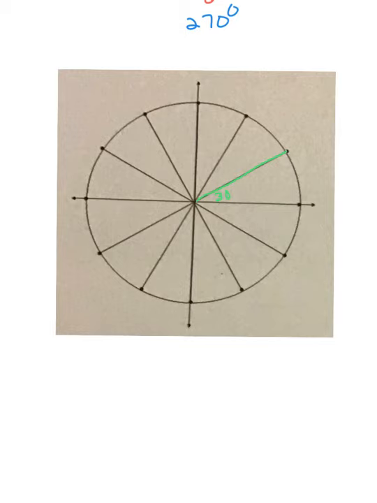If I drop a perpendicular, now I have a 30, 60, 90 triangle. This goes back to something we've already learned. Every 30, 60, 90 has the relationship of 1 to square root of 3.